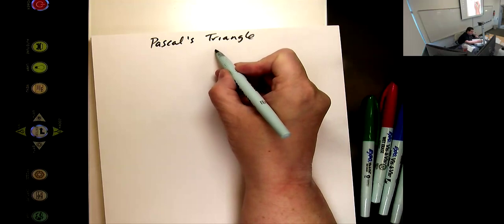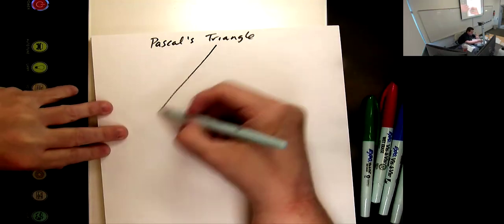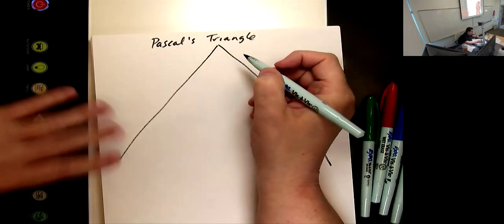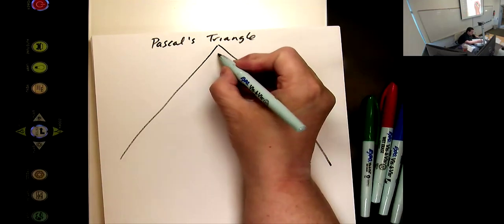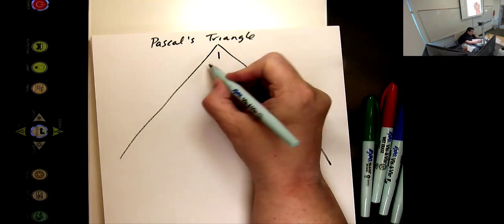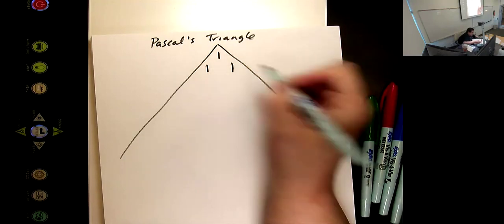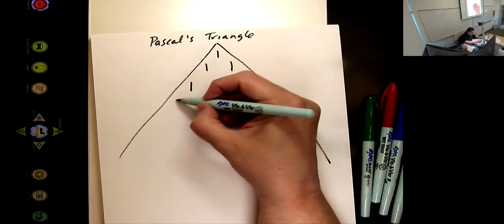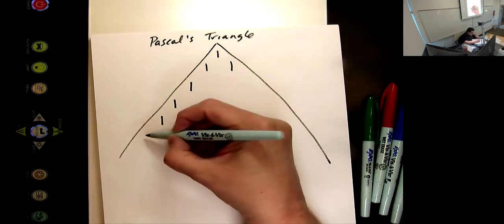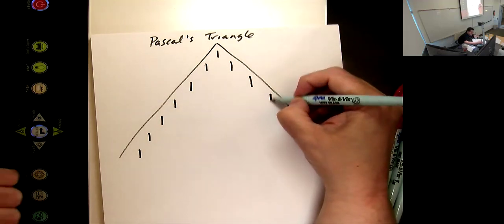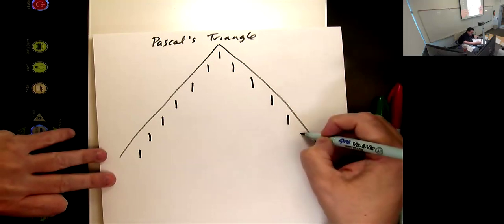So you're literally making a triangle. You don't need the lines here, but I'm doing it to show it. You've got a 1 at the top. The next row you have 1 and 1. So the ones are going to go down the sides. Yeah, and what is being modeled here mathematically?